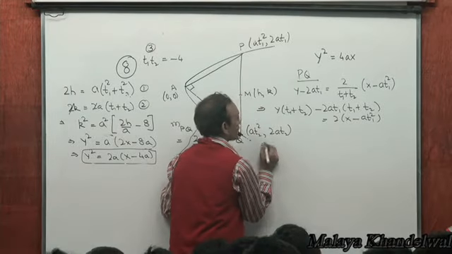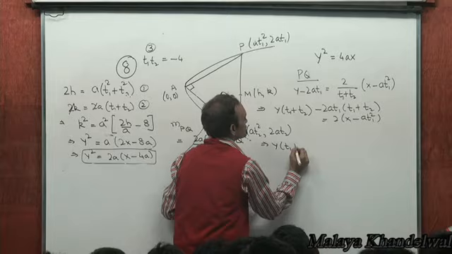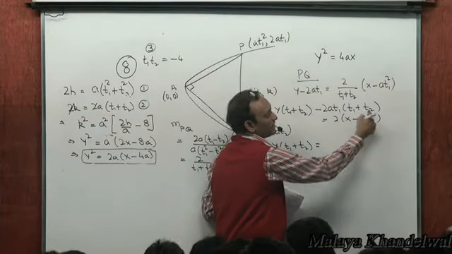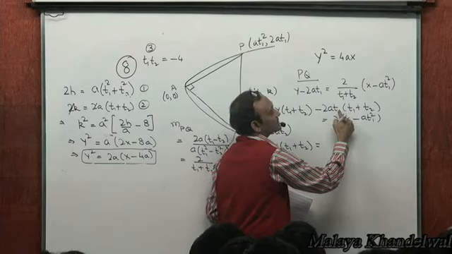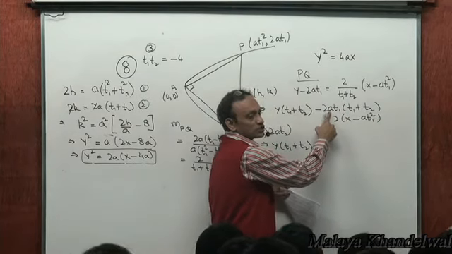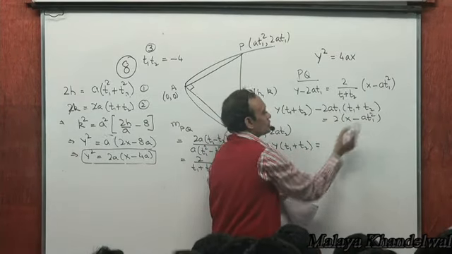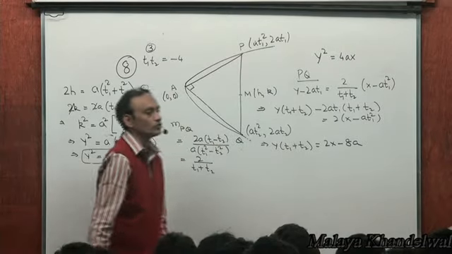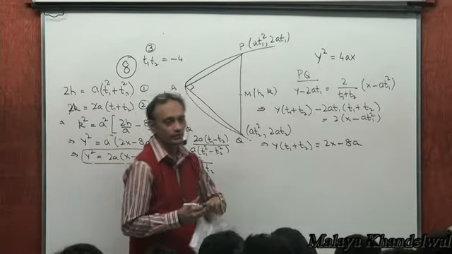And this would give me y into t1 plus t2. See, there is 2a t1 t2, and this t1 t2 is minus 4, so this is plus 8a. When it goes on the other side, minus 8a. Yes or no? I hope you realize what I have done here.